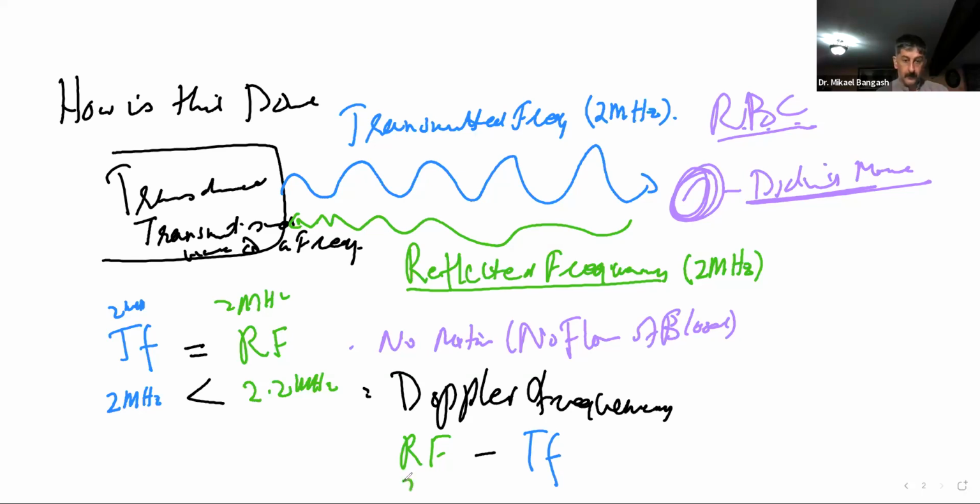So we have 2.2, from which we subtract 2. Our Doppler frequency in this case is going to be 0.2 megahertz, which means it is the difference between your transmitted frequency and your reflected frequency.